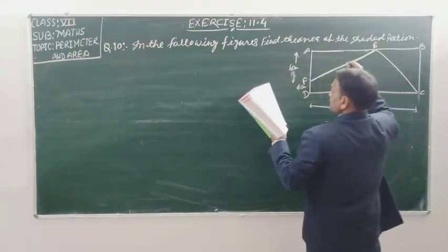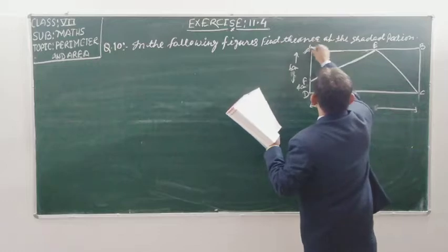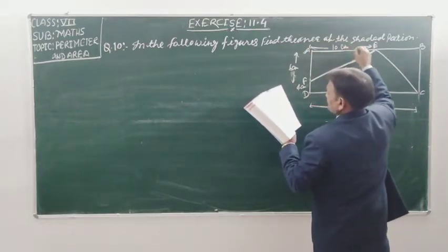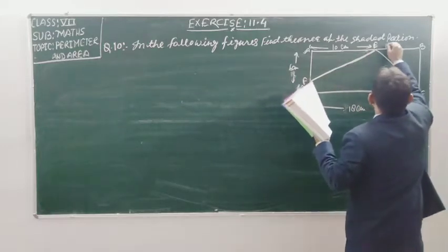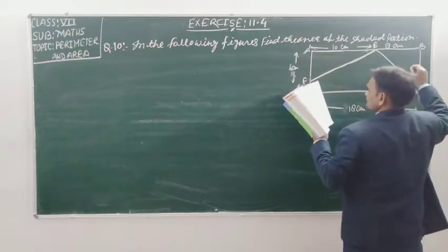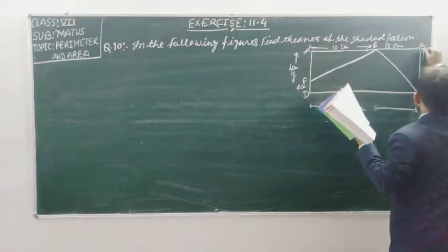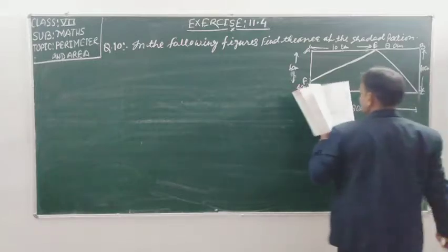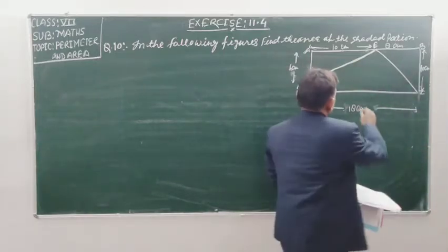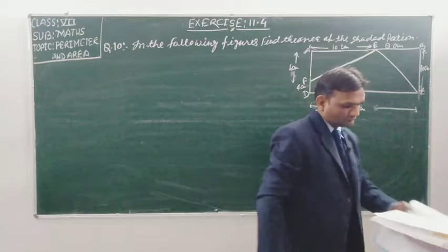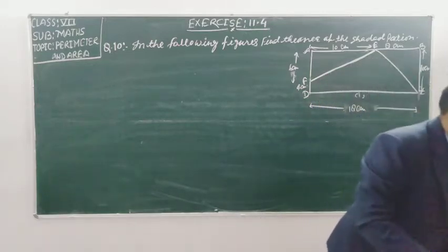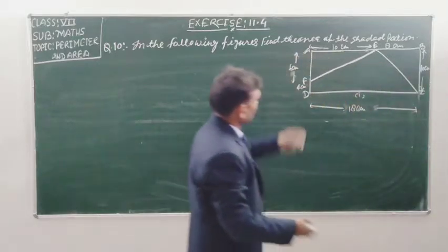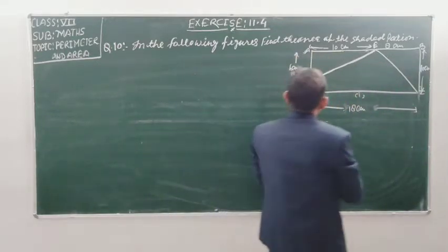AE is equal to 10 centimeter, and EB is equal to 8 centimeter, and this is 10 centimeter. This is figure number first. Students, this is the question, and this is the shaded portion.